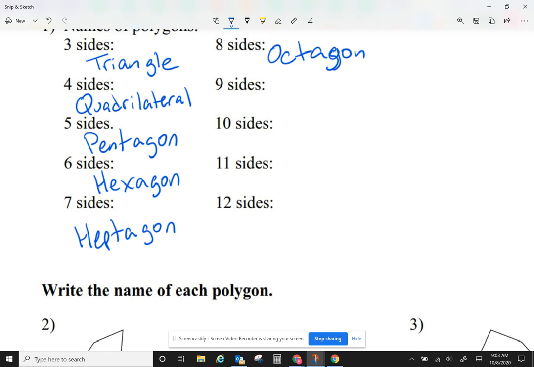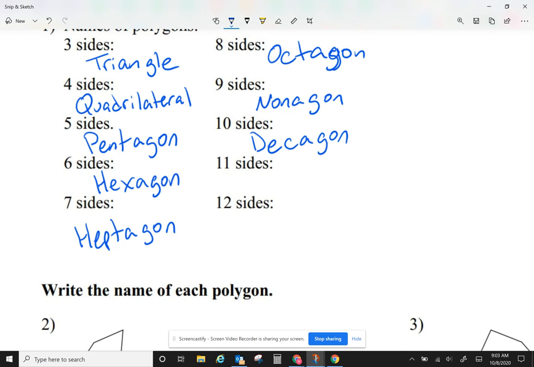Now for a nine-side figure, we're going to call those a nonagon. For 10 sides, think of the word 10 years. The word for 10 years is decade. So for 10 sides, we're going to call this decagon, which means it's a figure with 10 sides.